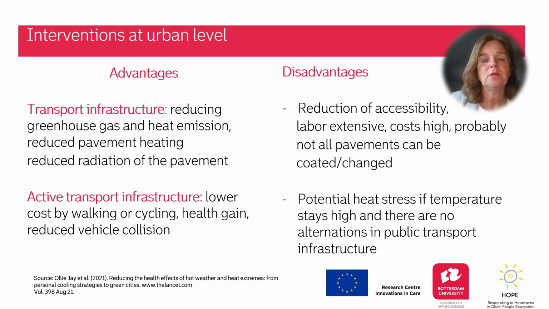A disadvantage can be that accessibility of the city may be reduced, but also it can be labor intensive, the cost may be high, and it cannot be that effective when not all pavements are coated or changed.